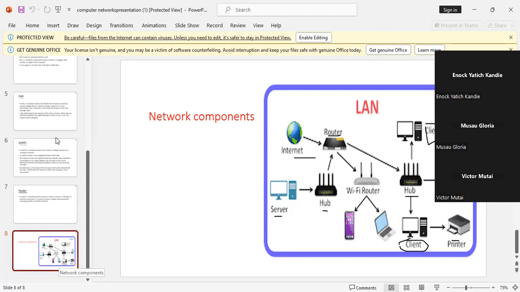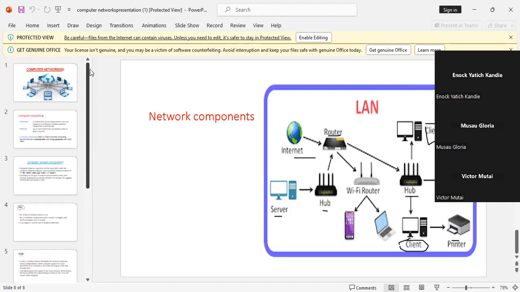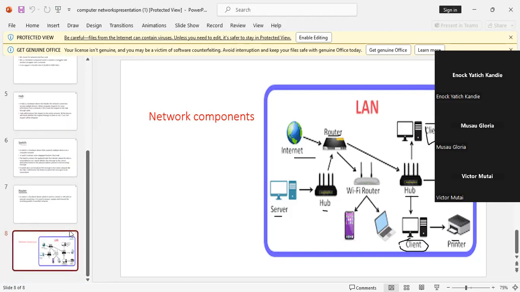I have an assignment for you. I want this assignment typed, and I will collect it during our next lesson next week. Make sure you don't copy from the network. Try to be creative. Try to get it out of your mind.